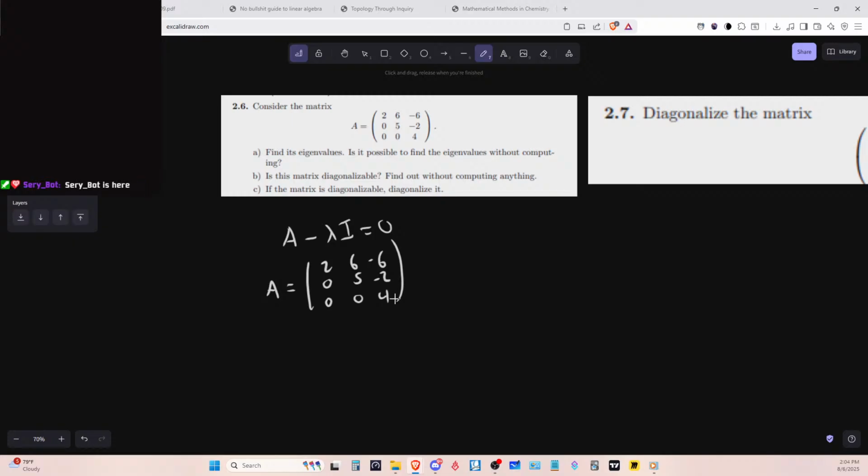Because I remember when it has this, I think this is dimension 3, because we can tell how many non-zero columns we have.